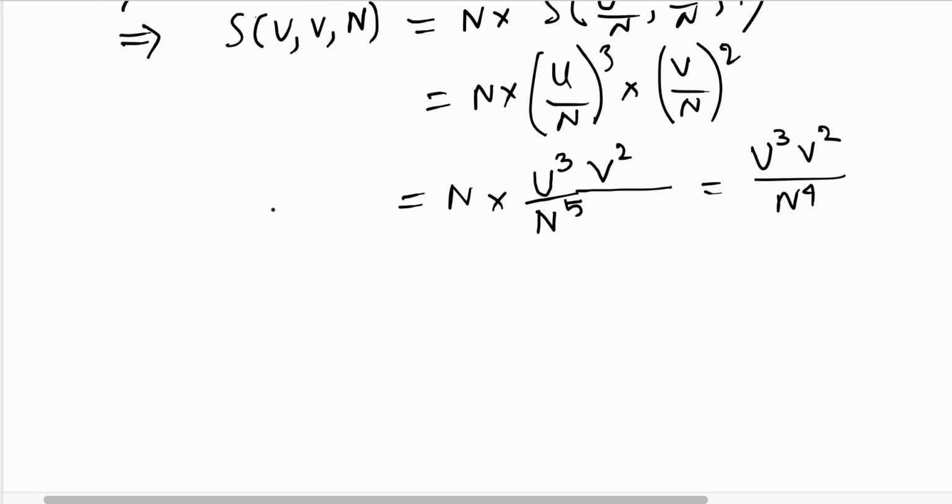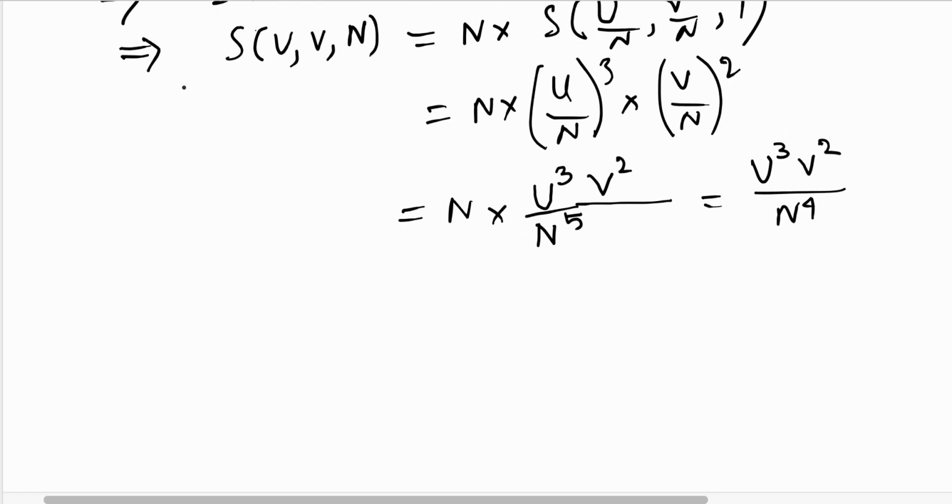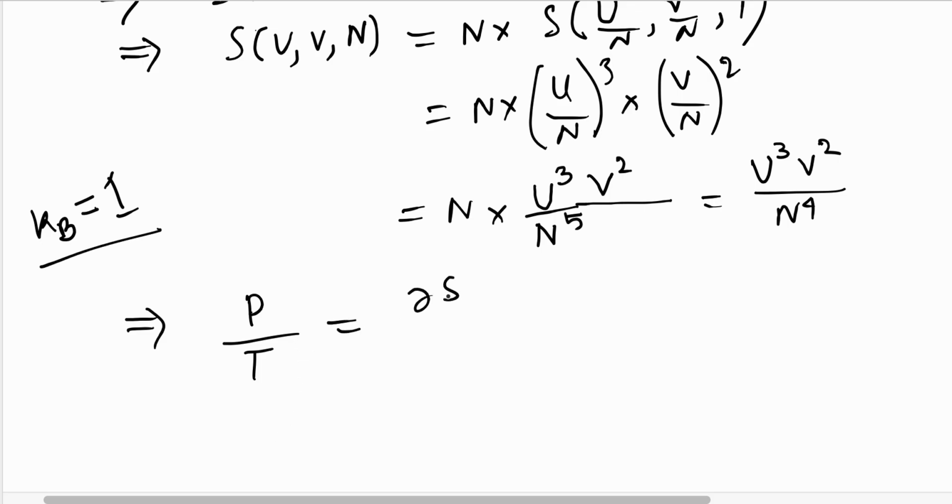From the lecture we know the three thermodynamic relations. One of them is P by T, where we put K beta equal to 1, which becomes del S del V keeping U and N constant.